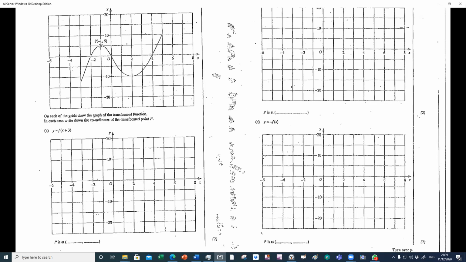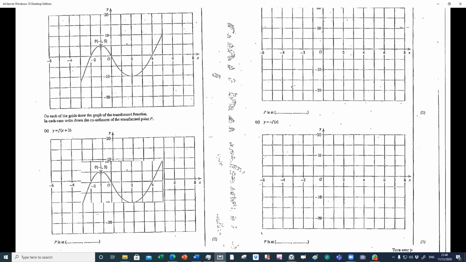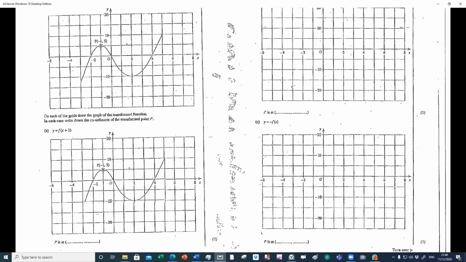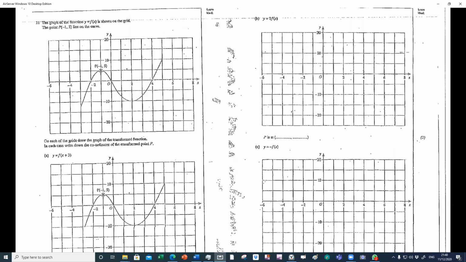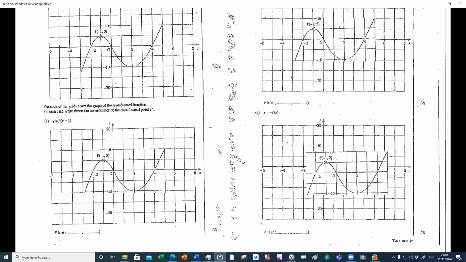My pen's glitching a bit. Okay. Copy. Paste. Woohoo! I'm just going to superimpose the original. And paste.